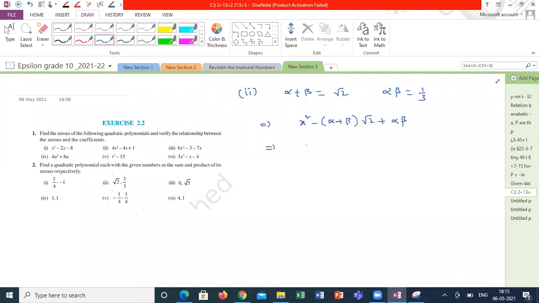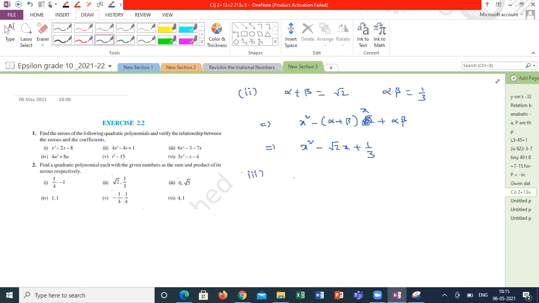So this will be equal to x square minus root 2x plus 1 by 3. Is it clear, guys, how to generate the equation from this given data? The sum and product are what is important, not alpha beta. Got it or any confusion?